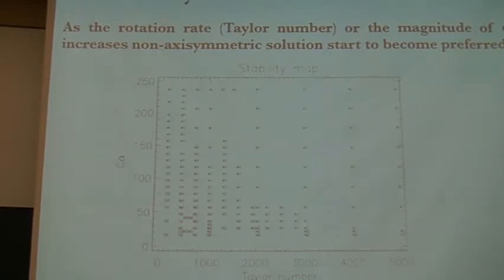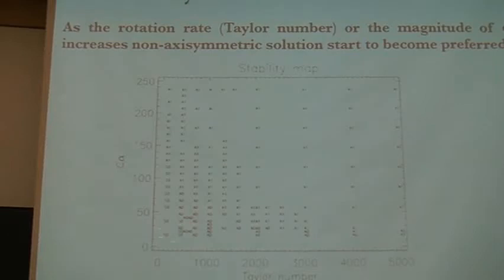Here is one example. This is just a non-axisymmetric mean field model, where actually also the Taylor number appears. The hydrodynamics is also included, and the rotation rate increases to the right, and the alpha effect increases when you go up.